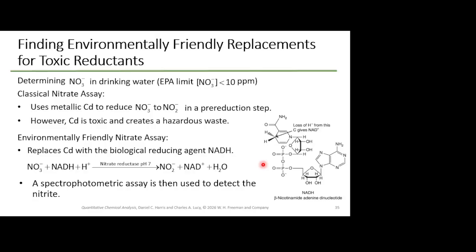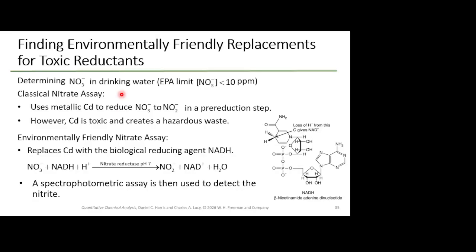Now, we have here nitrate in drinking water. The EPA limit for nitrate, as of the publication of this book, which is fairly recent, is less than 10 parts per million. This number has been changing lately, by the way, in different countries, so it's kind of a moving target nowadays. A lot of places actually way undercut the allowed amount in their drinking water because that target keeps moving around.